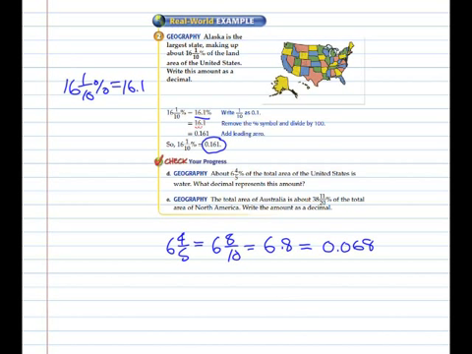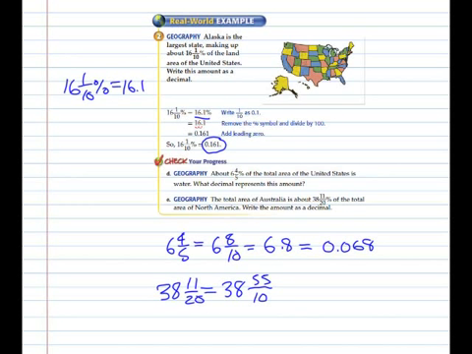The total area of Australia is about 38 11/20% of the total area of North America. Write this as a decimal. 38 11/20. Again, I'm going to have to write my fraction with a denominator that's a multiple of 10. So in this case, I'm going to multiply numerator and denominator by 5.